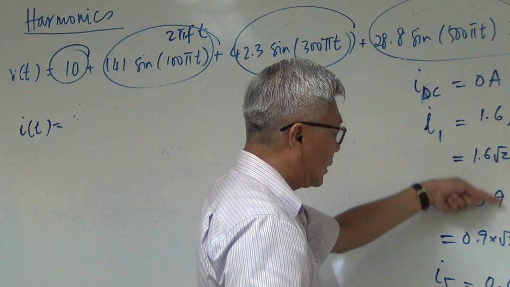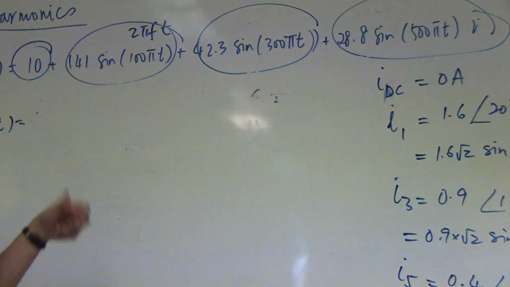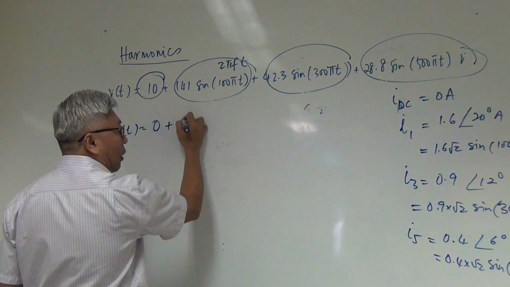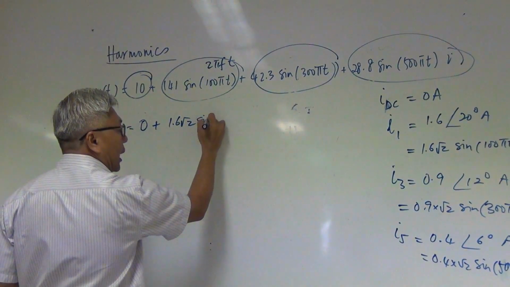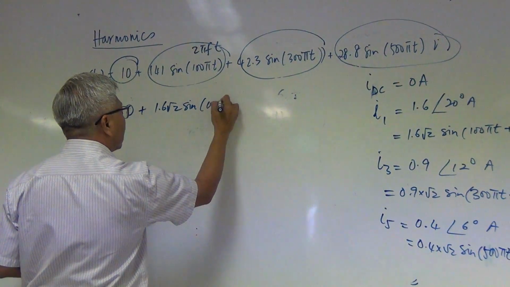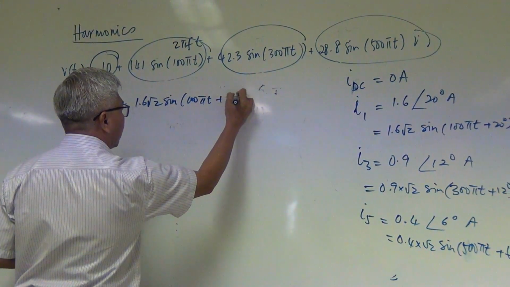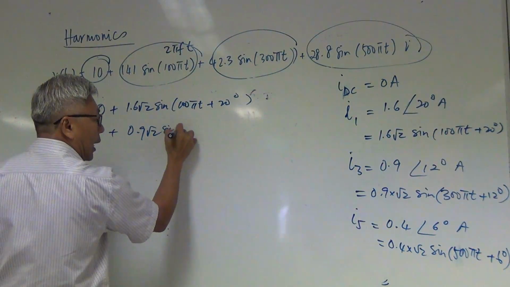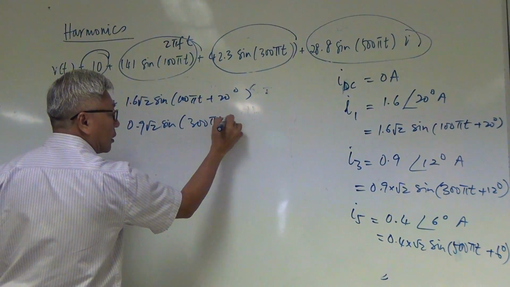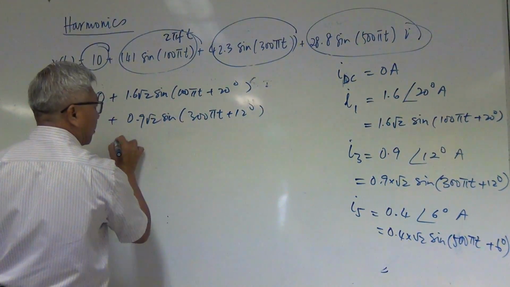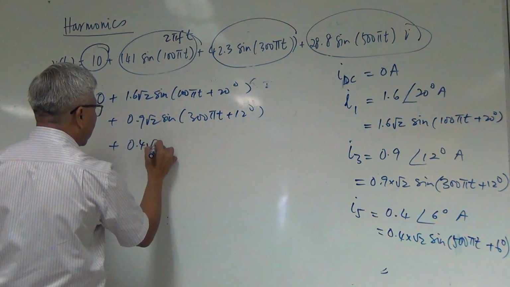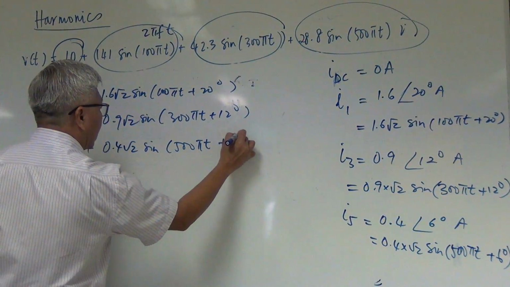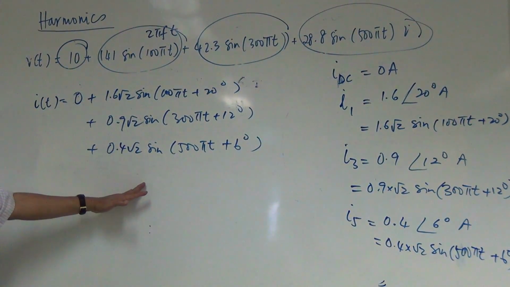That is equal to 0 plus 1.6 square root 2 sine 100 pi t plus 20 degree plus 0.9 square root 2 sine 300 pi t plus 12 degree plus 0.4 square root 2 sine 500 pi t plus 6 degree. So that's your current expression.